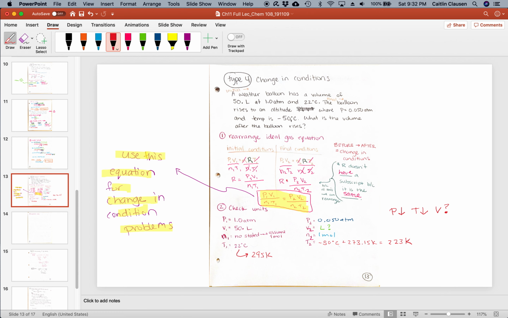You can even look at this equation. As pressure decreases, what's going to happen to your volume?